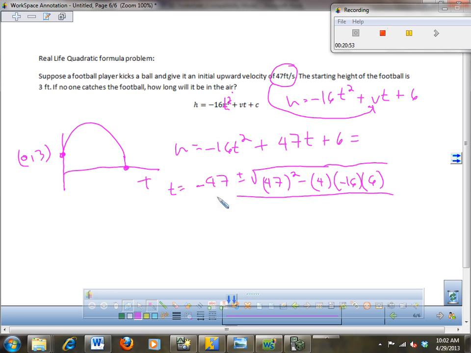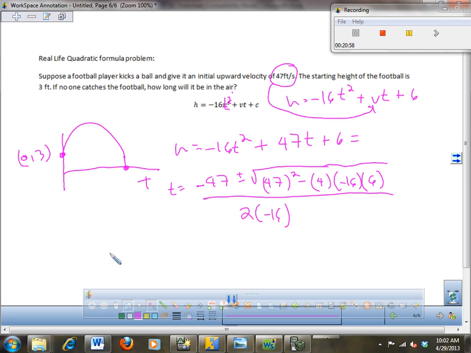That whole thing over 2a, 2 times negative 16. And you say, I can't do this, it's got all these big huge numbers in it. Okay? They're just numbers. You just plug them into your calculator.